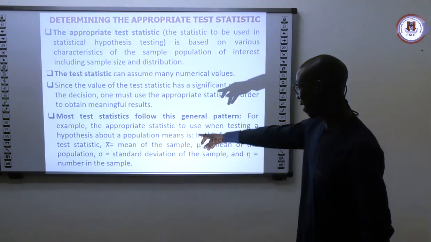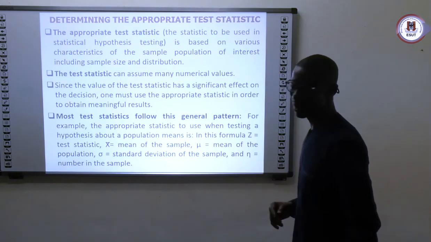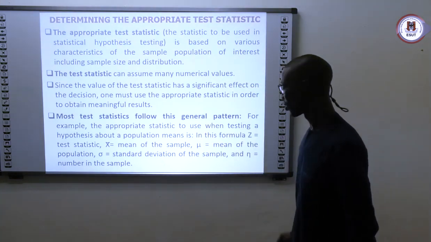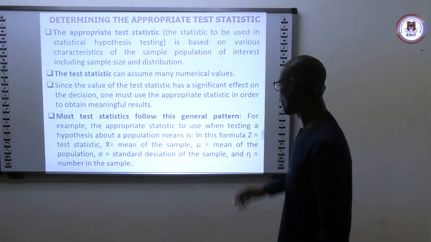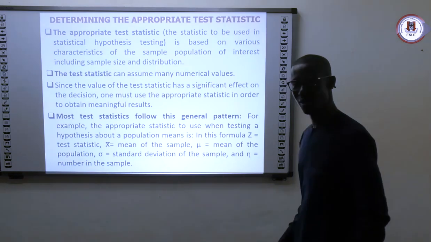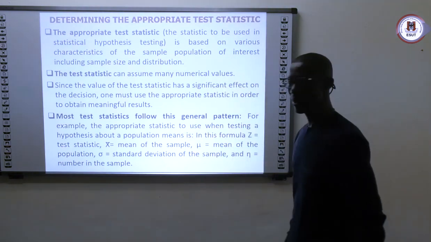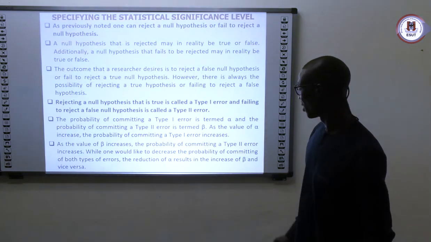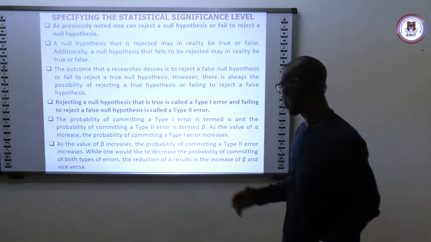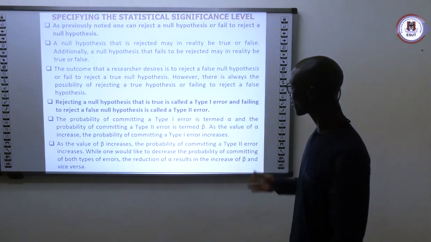We have X bar, which is denoted with the mean of the sample. We use mu to represent the mean of the population. Sigma represents the standard deviation, and sigma squared is used to represent the variance. We have other symbols you could use to represent the number of observations or the population of the study, like N.